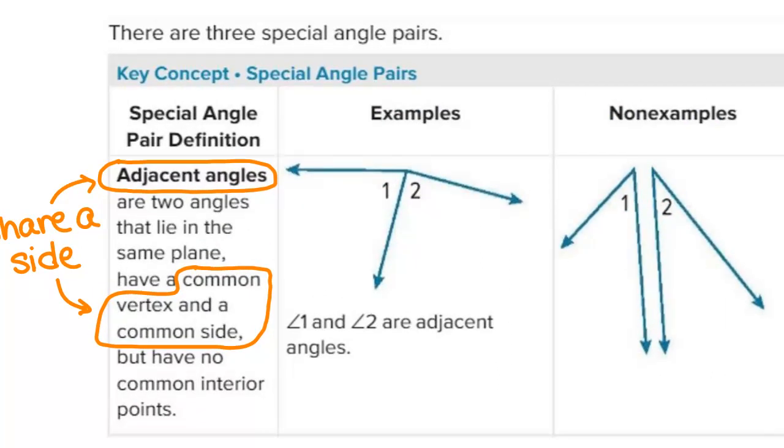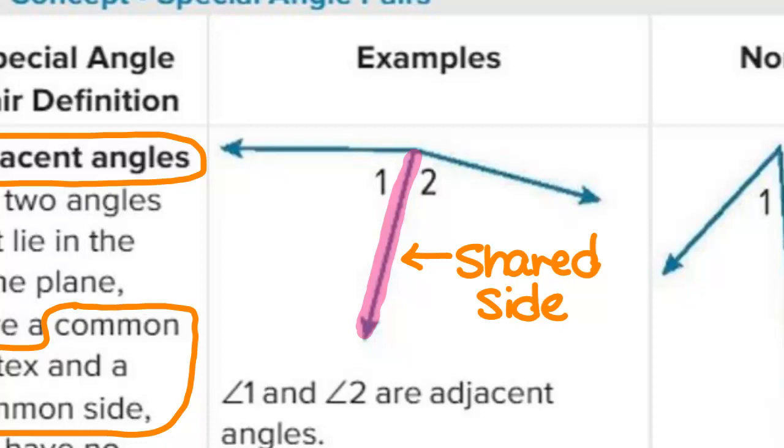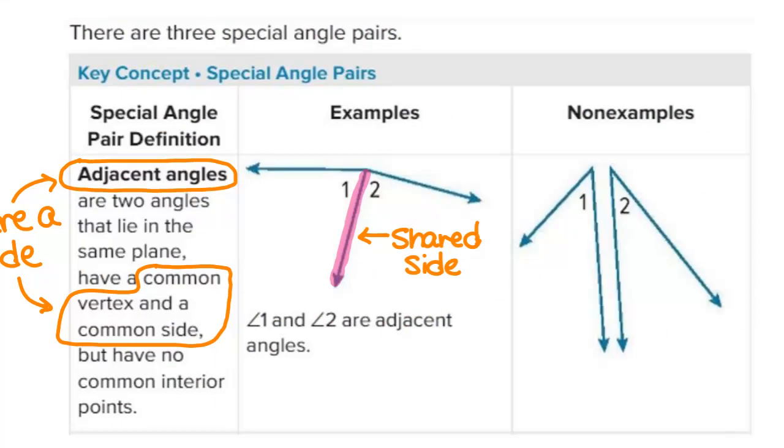If you look at our picture here, we have an example and a non-example. So in my example, notice angles 1 and 2, that pink highlighted ray is one of the sides of angle 1, and it is also one of the sides of angle 2. So here is my shared side. Because they share a side, they are called adjacent angles.